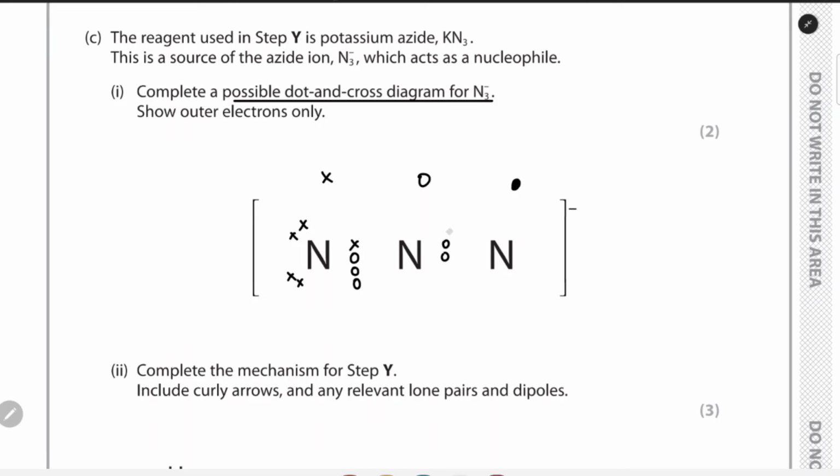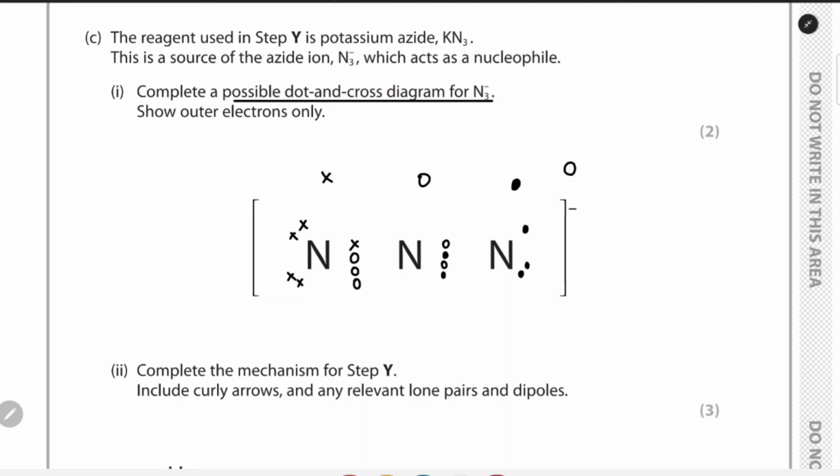We can form another double bond here. This is another double bond. We have used 2 of this nitrogen's electrons. We'll have 3 left. One of them will be a pair over here, and there will be another left. Now we can bring in the extra electron.